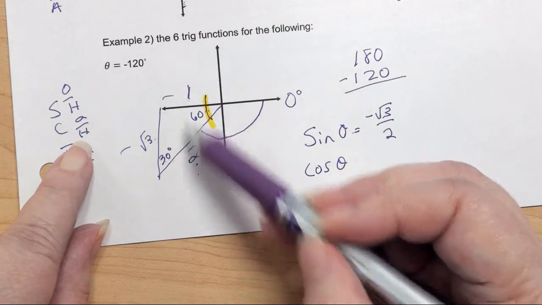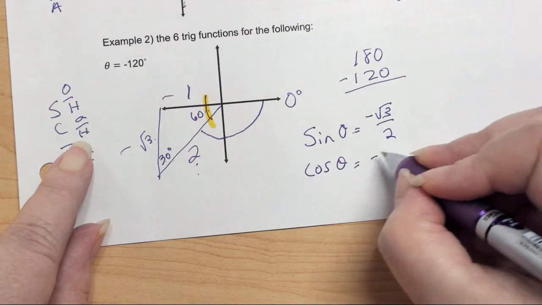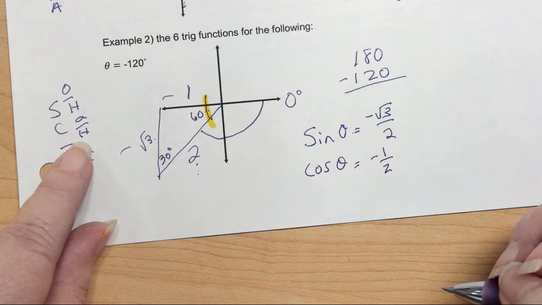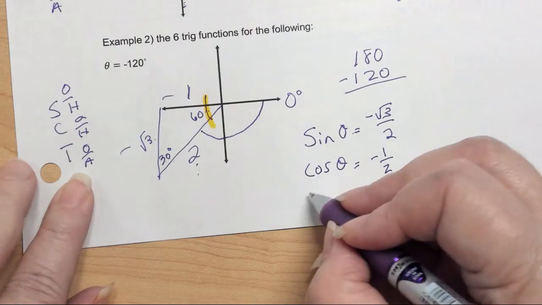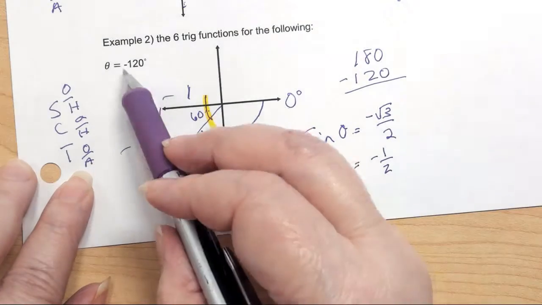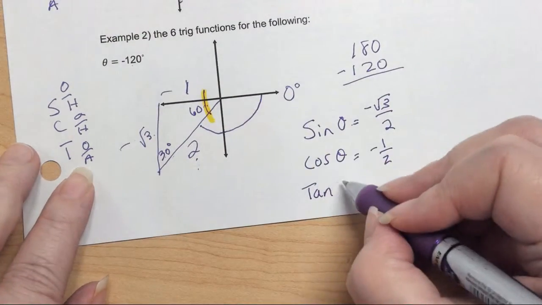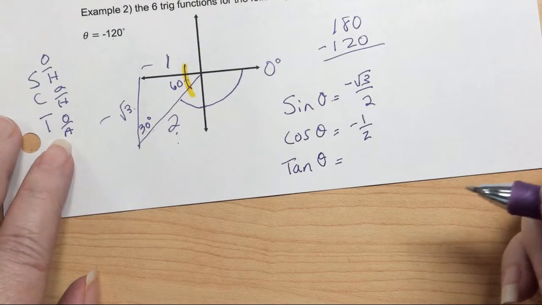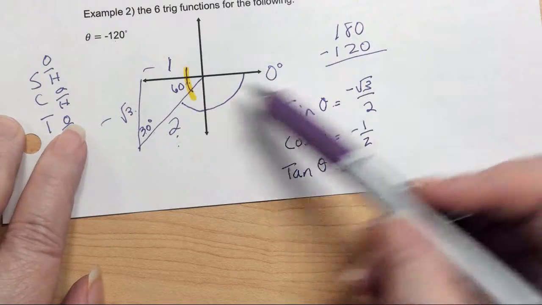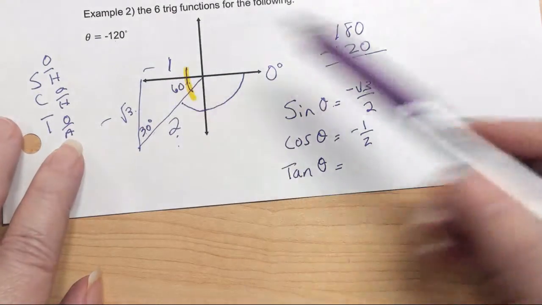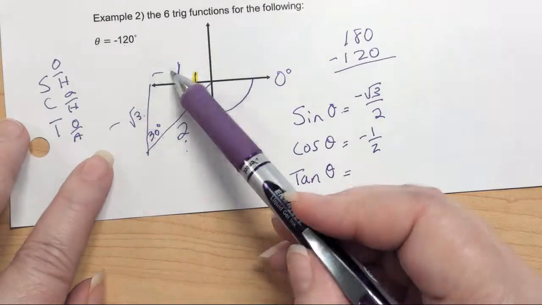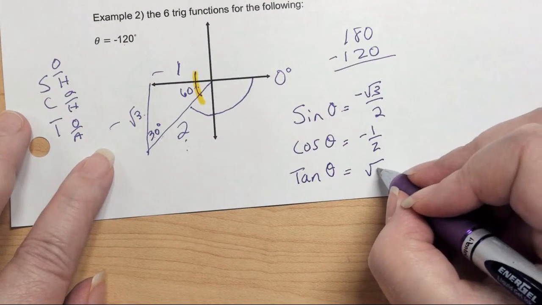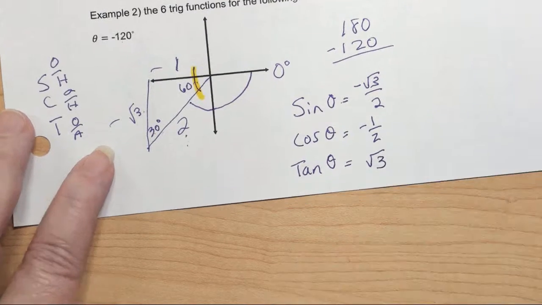So negative 1 over 2. Tangent of theta, just to save space, is opposite over adjacent. Negative and negative will make a positive, so I have the square root of 3.